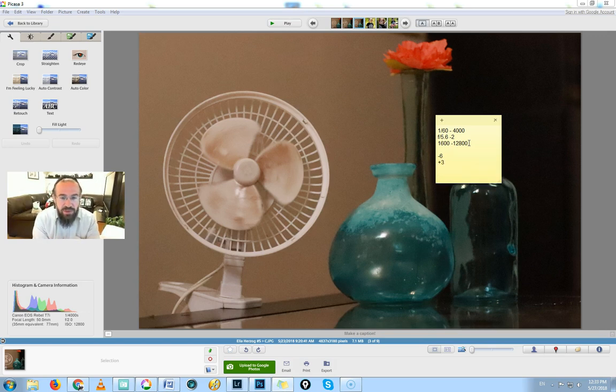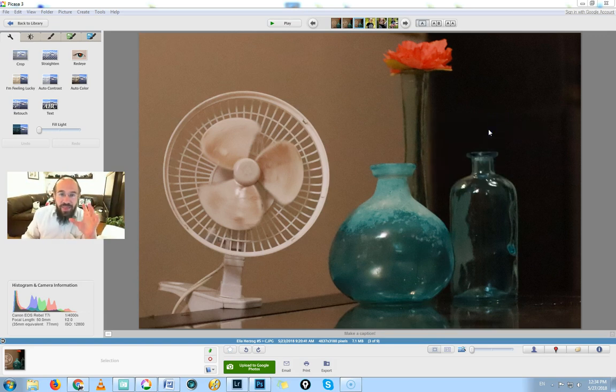So now I'm assuming that 12,800 is going to be plus 3 of 1,600. So we have 1,600, 3,200, 6,400, 12,800, plus 3. We have minus 6 plus 3 plus 3 equals 0. Excellent. Okay, that is photography. Understanding that is understanding photography.